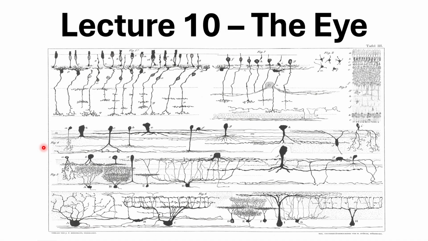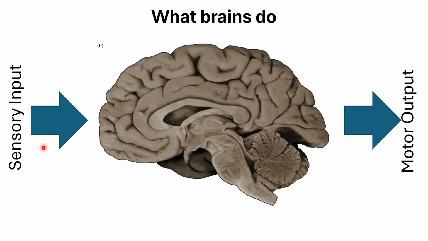Okay, today we're transitioning away from very molecular and cellular aspects, primarily molecular aspects underlying neuron physiology, and we're building up from there. So we're moving up to more circuit level aspects of how the nervous system works. I've mentioned a few times that sensory input comes into the brain.